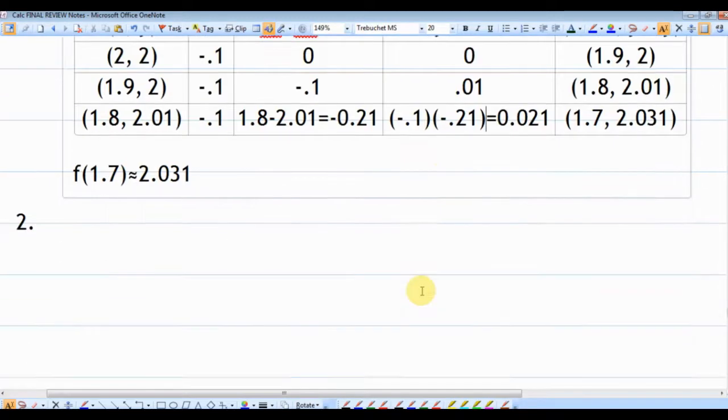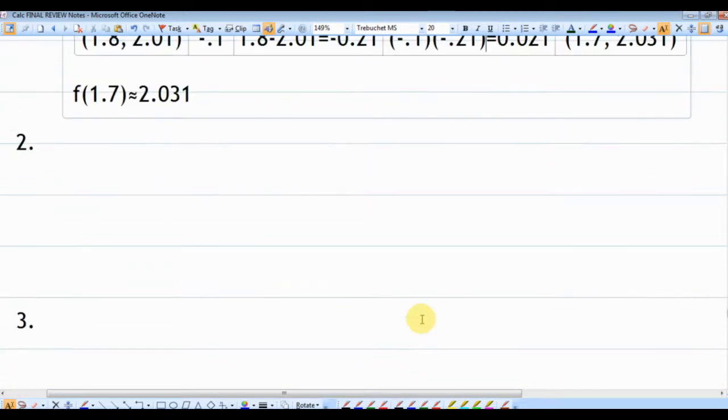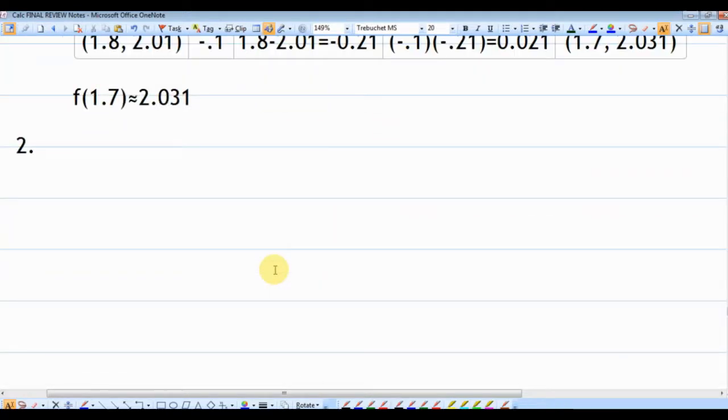Good, let's move on. Number 2. Find the general solution to the differential equation. Oh, look at this. Lucky for us we have our calculator. Oh wait, the calculator doesn't help very much on this question. Okay, so let's take care of this.